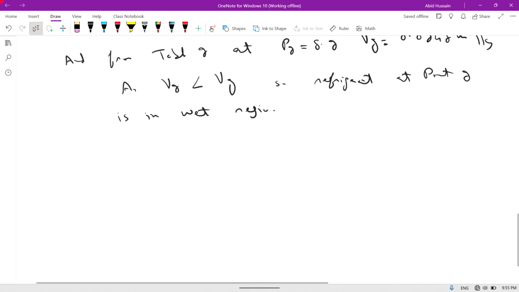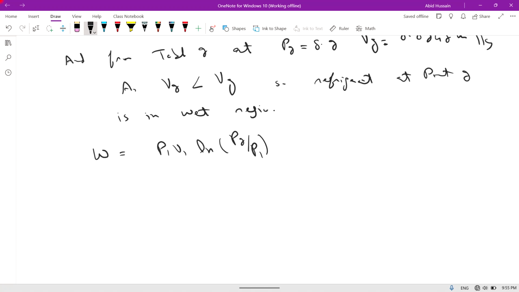Now first we find W, the work done. We know that work done is equal to P1 V1 natural log of P2 divided by P1. P1 is equal to 2.62 bar. 1 bar is equal to 10 power 5 Newton per meter square. V1 is equal to 0.0757 meter cube per kg, and natural log of P2, which is 8.20 bar, divided by P1, which is 2.62 bar.